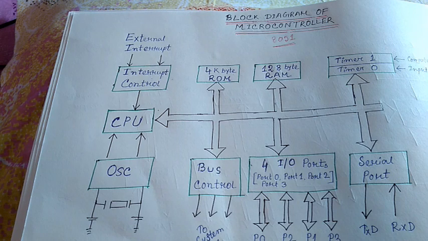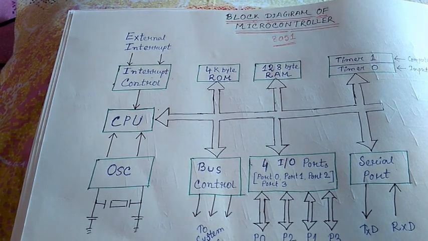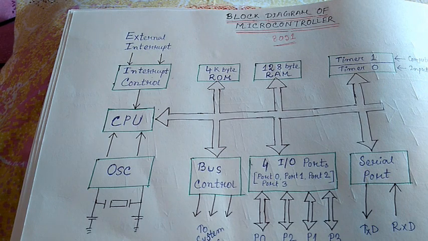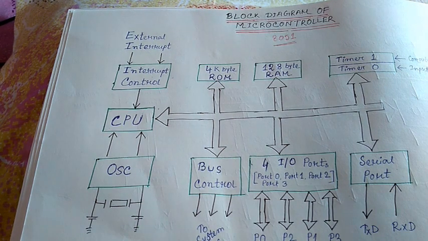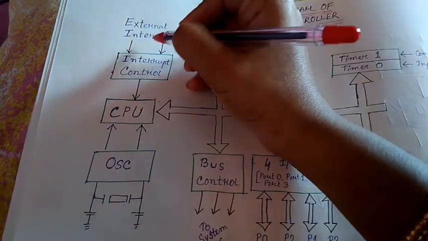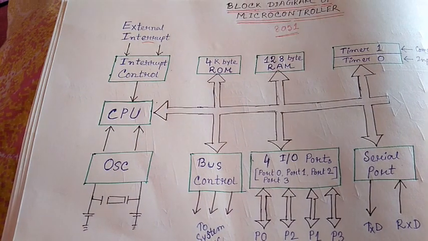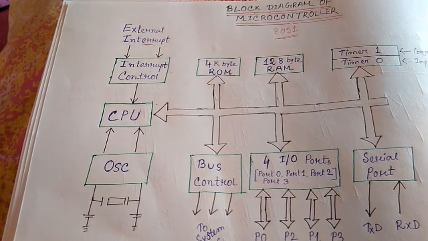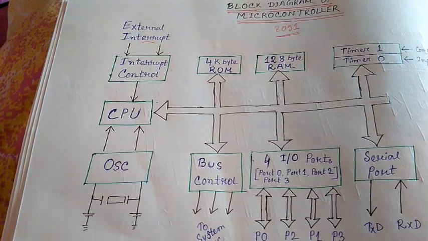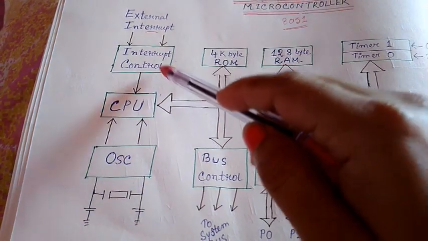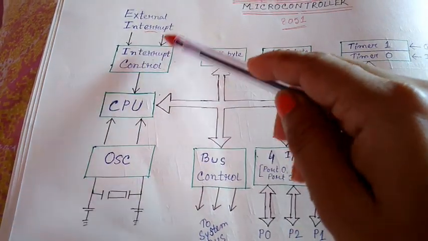So the microcontroller's running process is hampered for some time, and the signal because of which the microcontroller's program is hampered is called the interrupt signal. There are so many interrupt signals, I will explain later.